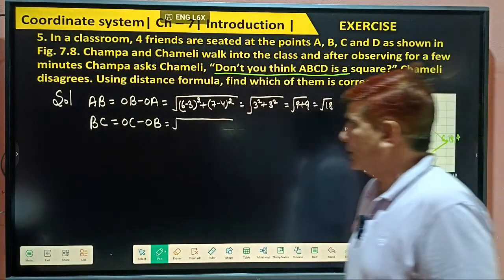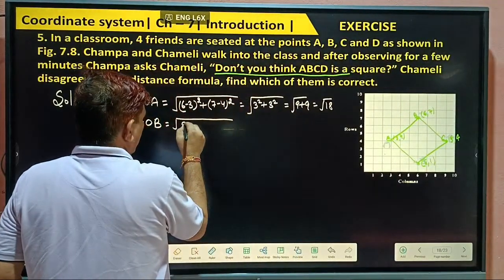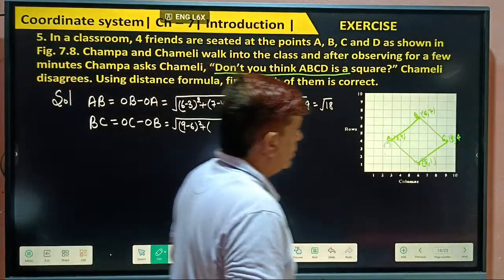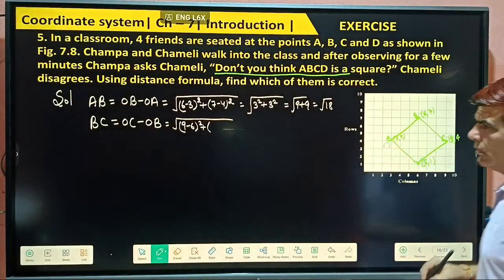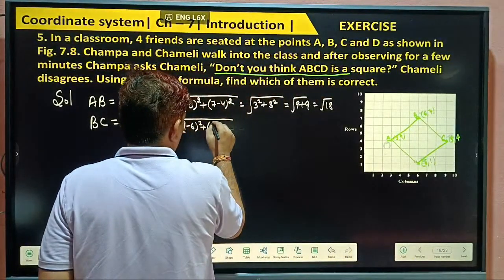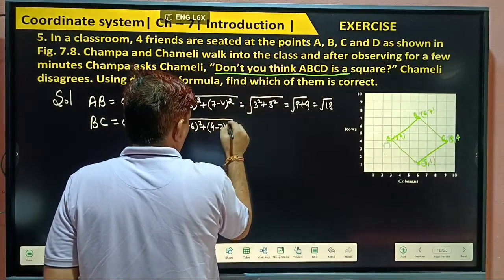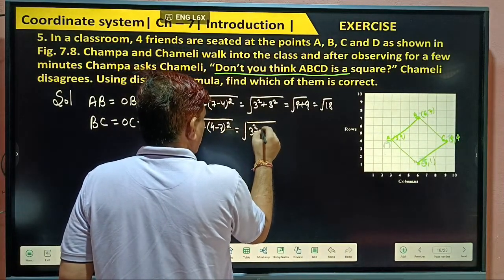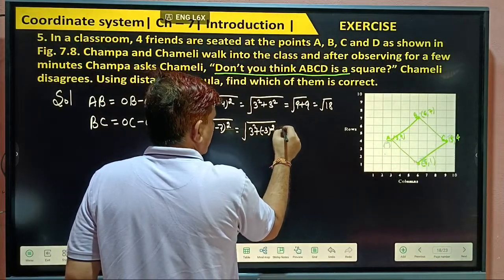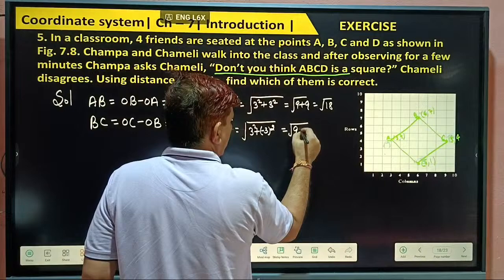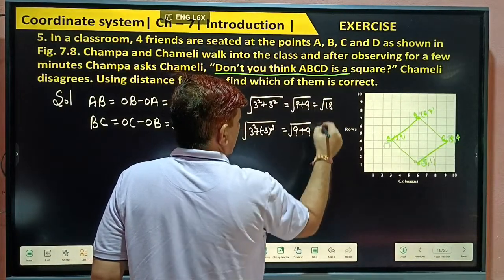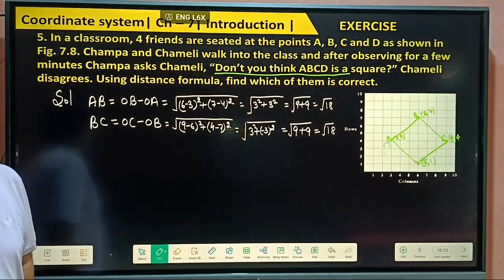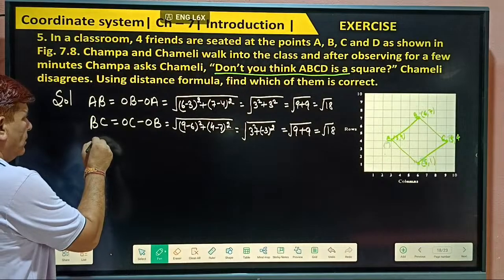So (9 minus 6) whole squared plus (4 minus 7) whole squared equals 3 squared plus (minus 3) squared, which is 9 plus 9. Again this is the square root of 18. Got it? Now BC is done, then CD.